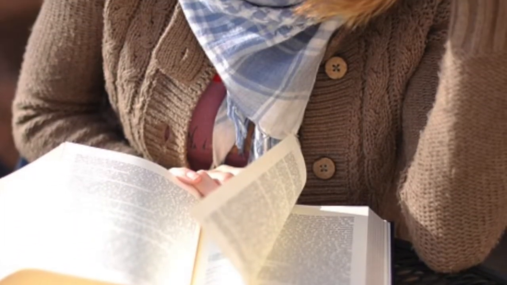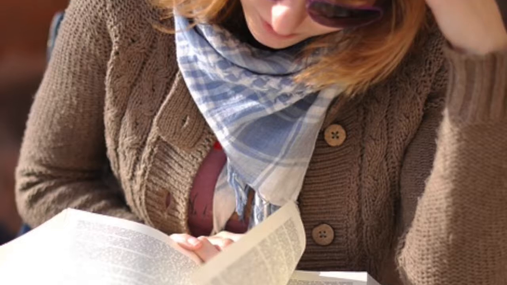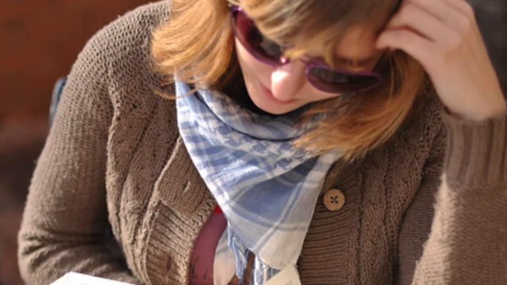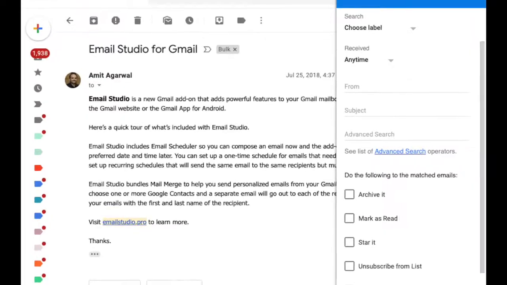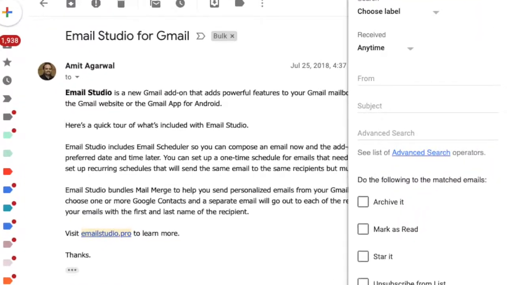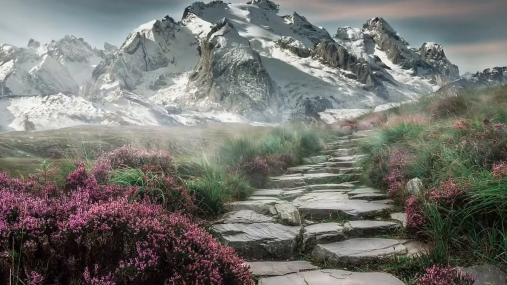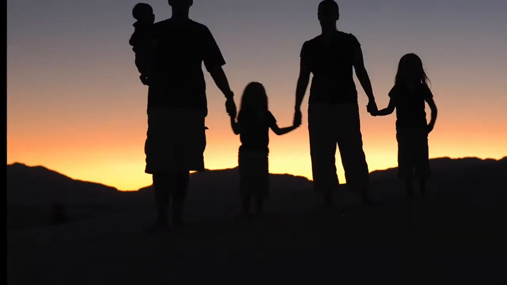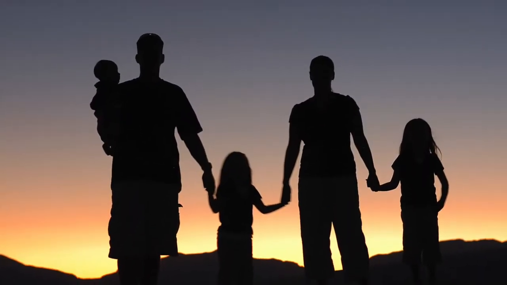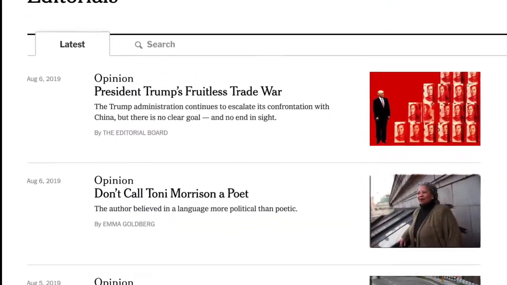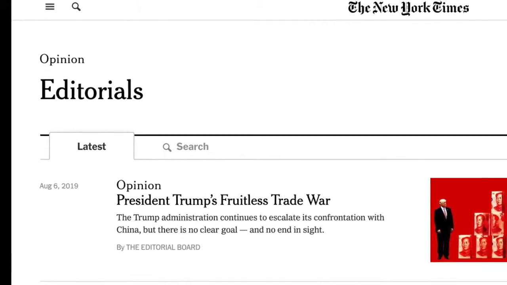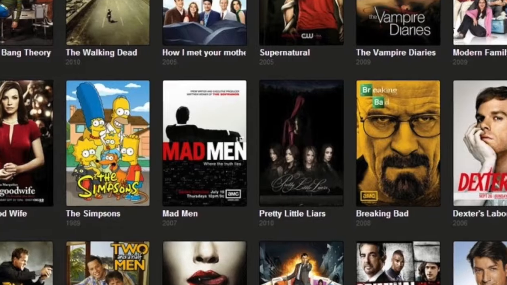All the things you read in a day. Books, emails, news, photographs, and pictures? How about tweets? Or editorials? TV shows and Netflix?